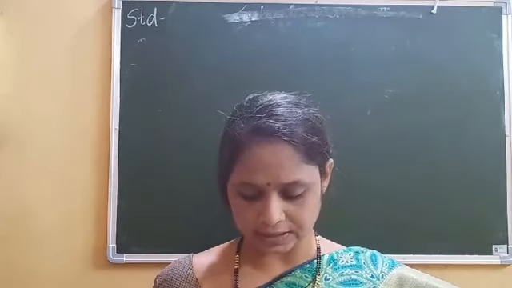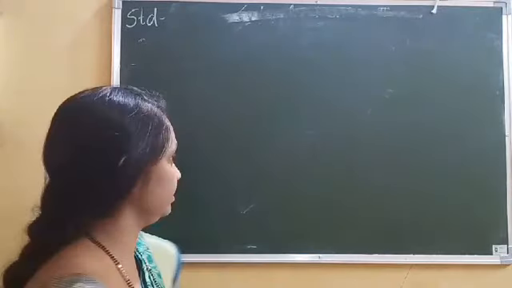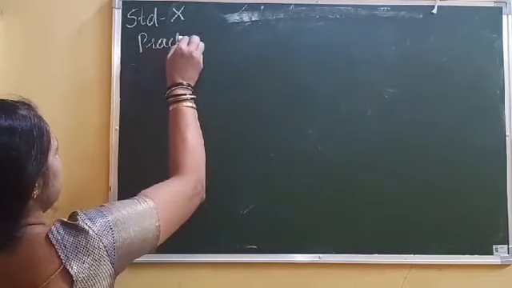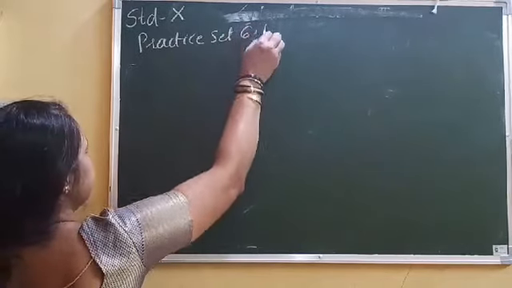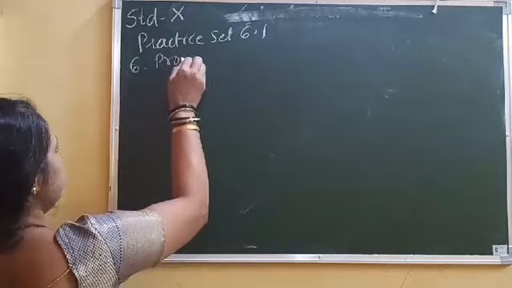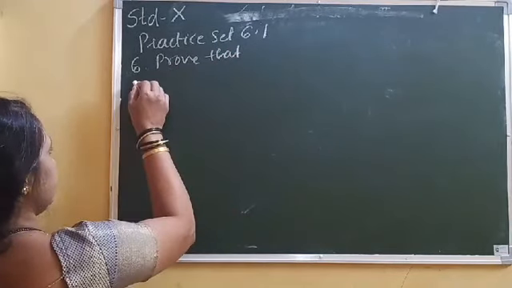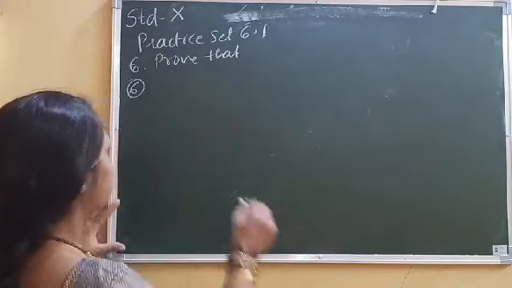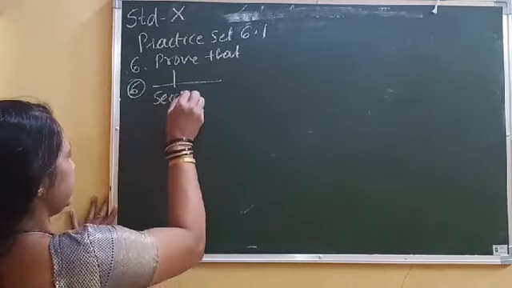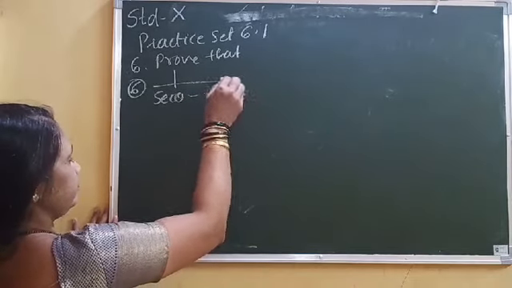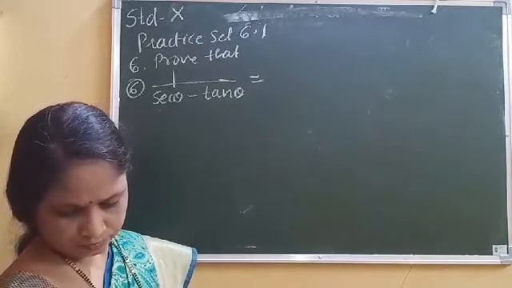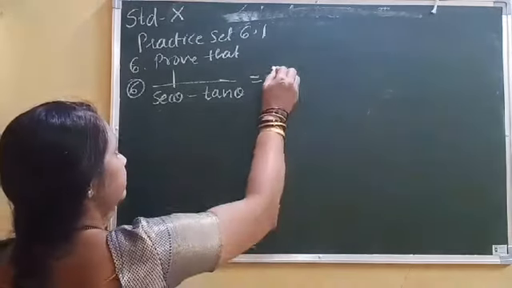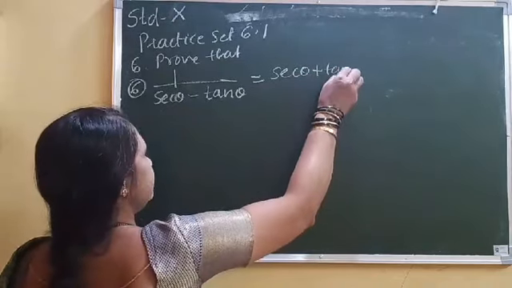Okay, so question number 6 is: prove that 1 upon sec theta minus tan theta is equal to sec theta plus tan theta.